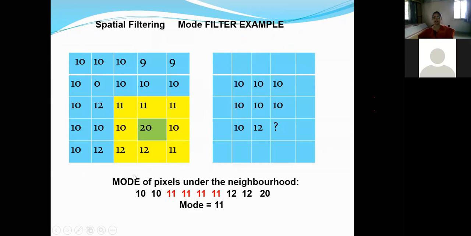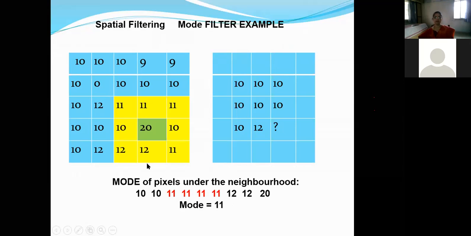Mode represents the most frequent pixel value. So if we consider this 3 by 3 neighborhood, again, like we did in the median filter, we can arrange these pixels in ascending order, and we can check which is the most frequently occurring value. So here we can see that the most occurring pixel value is 11, and this represents the mode value of the given array.